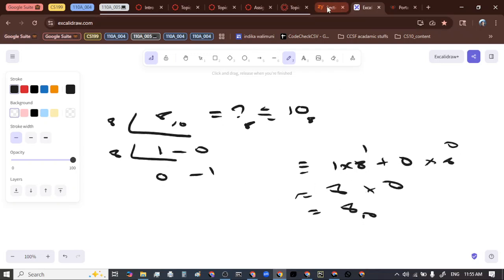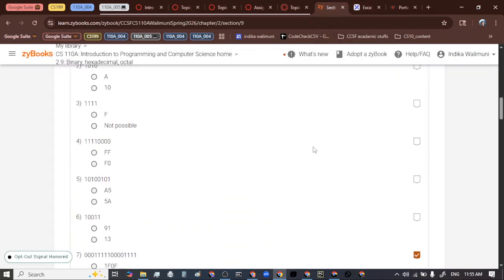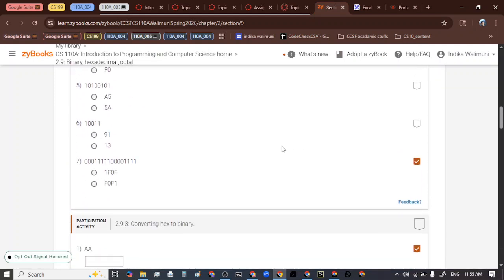All right, I think we can now answer some of these. Let's take the last one. What's the answer? Number 7, guys. We start grouping from here, take this 4, then likewise go towards the left and group, and then read it from there. So 1 F 0 is the answer.